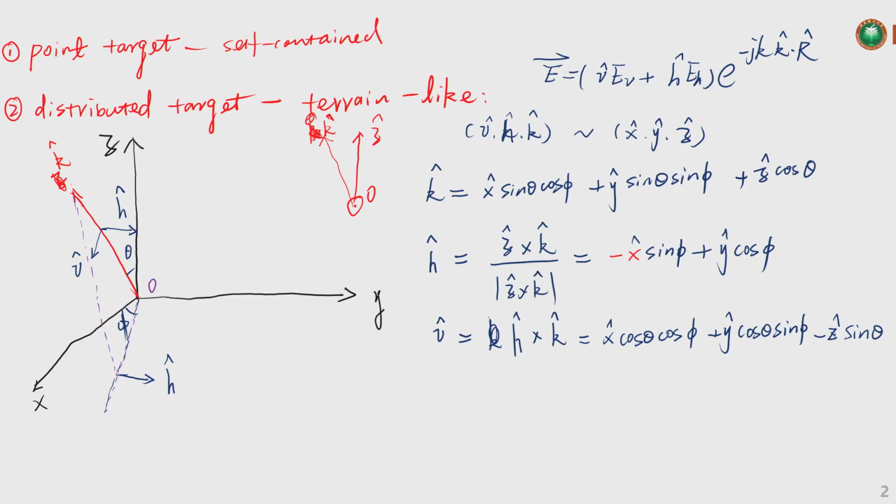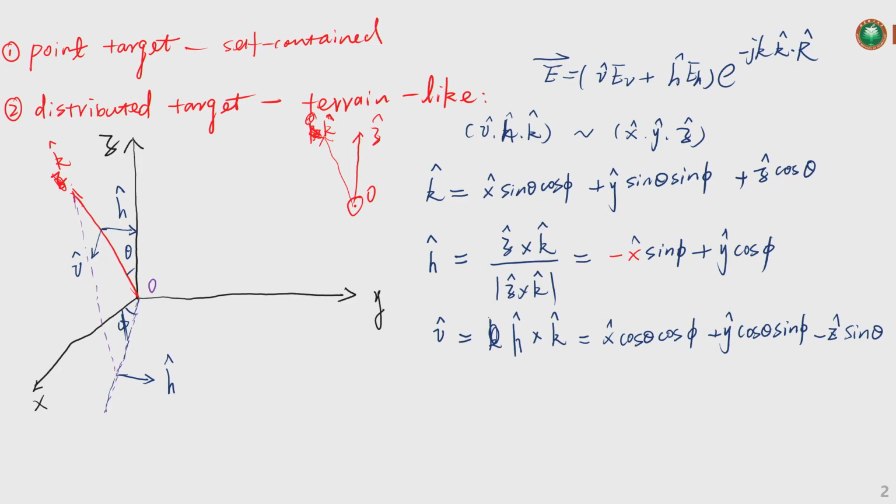Yeah, that's correct. So then we get the transformation from the xyz Cartesian coordinate system to the VHK spherical coordinate system.